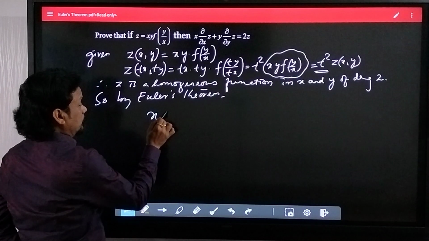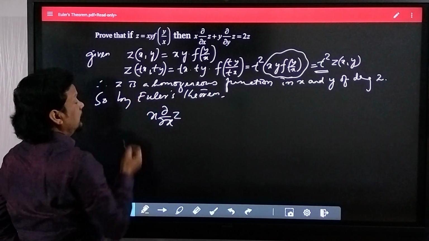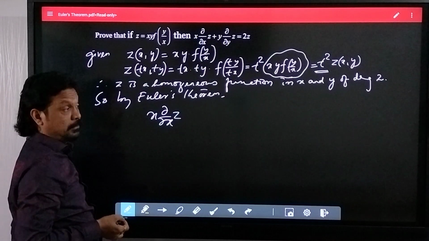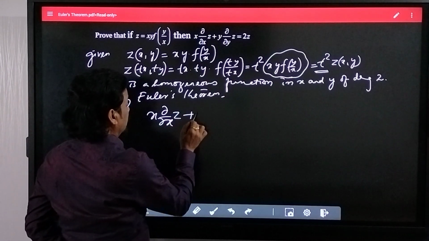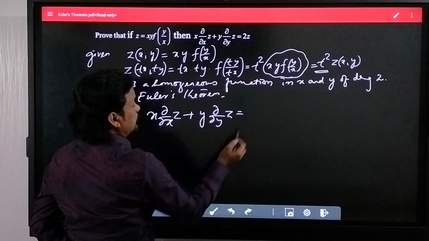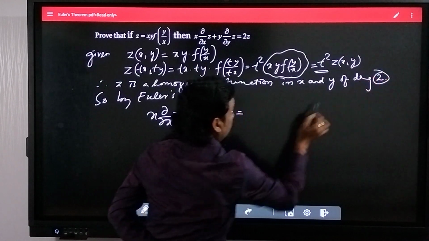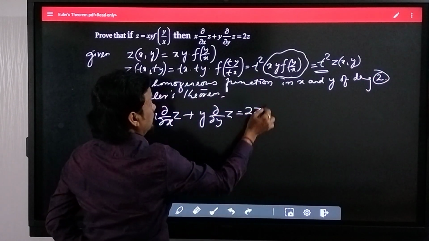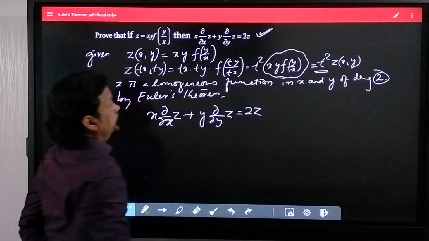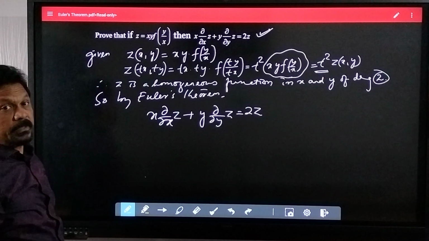It is x into del by del x of z. We are applying Euler's theorem to the function z, not u or not f, plus y del by del y of z is equal to degree into z. Here degree is 2. This one, 2 into z. We have done it. X into del z by del x plus y into del z by del y is equal to 2 into z.